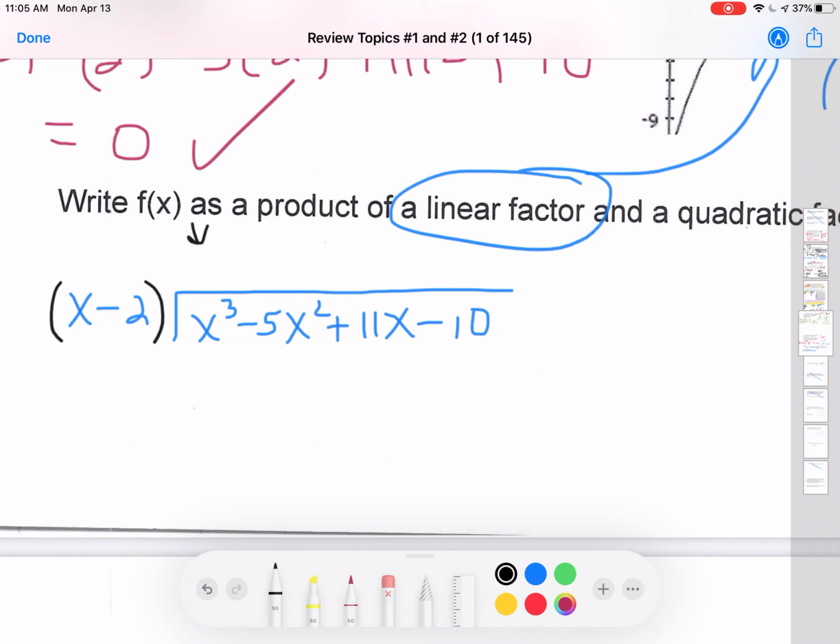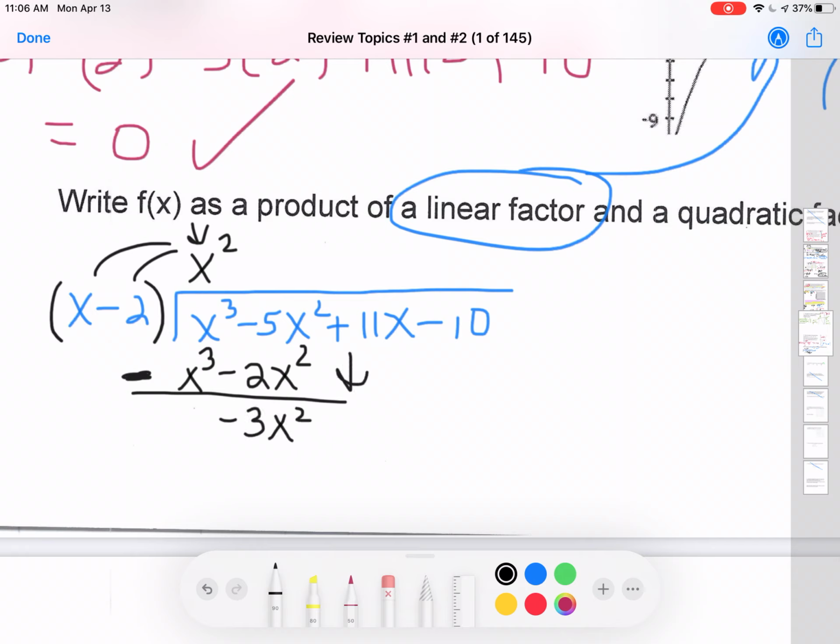When I do the distributive property, I will get x cubed, so this would be x squared. Now distribute. I get x cubed minus 2x squared. Big fat minus sign. x cubed minus x cubed is nothing. And then be careful with this one. Negative 5 minus negative 2 is negative 3x squared.